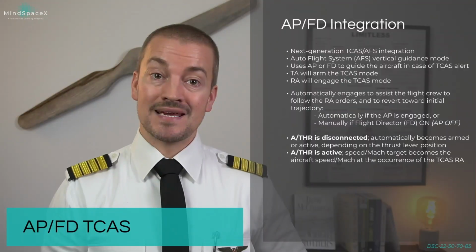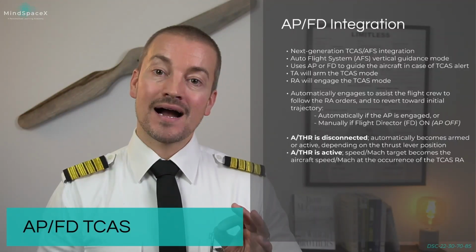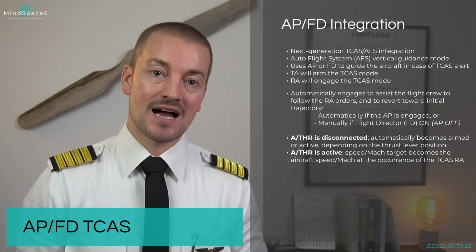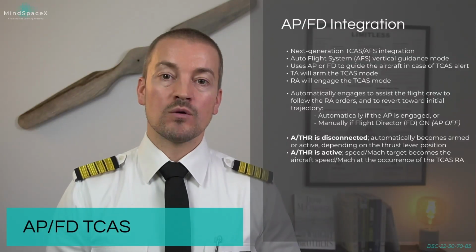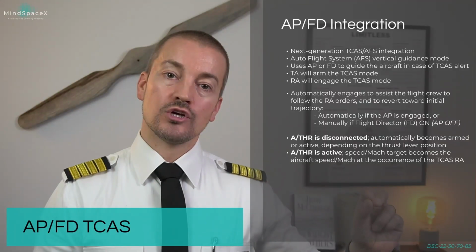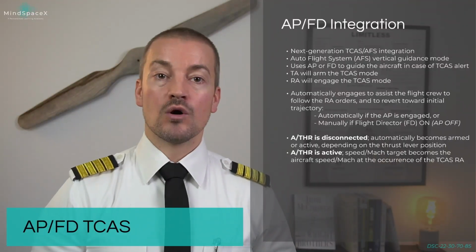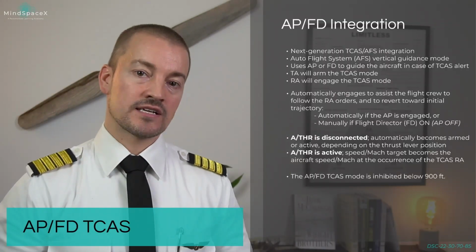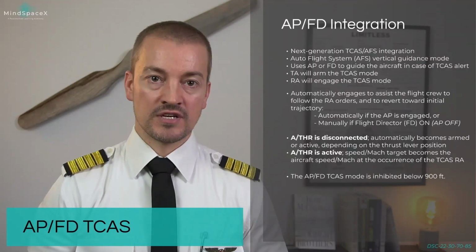If the Autothrust system is active already, then the speed or Mach target at the time of the occurrence becomes the target during the TCAS RA maneuver. It will simply go into speed mode and hold that speed so as to perform the TCAS RA without losing speed. This integration of the Autopilot Flight Director TCAS mode is inhibited below 900 feet.